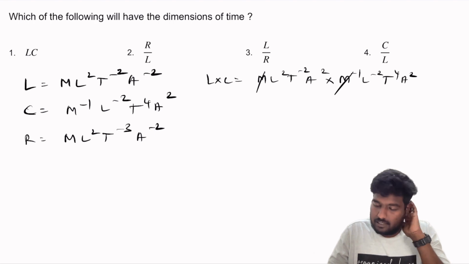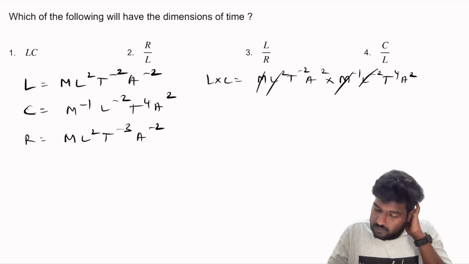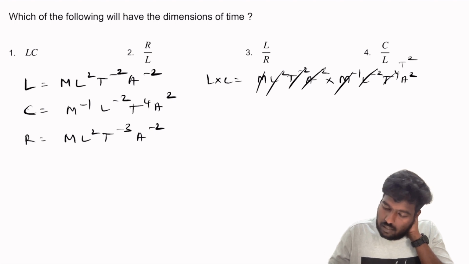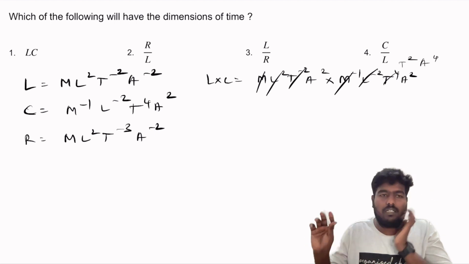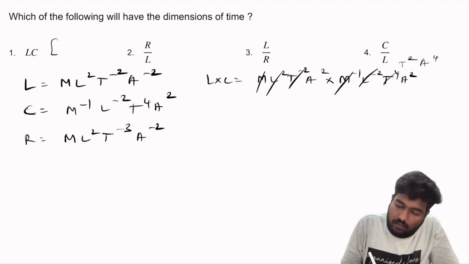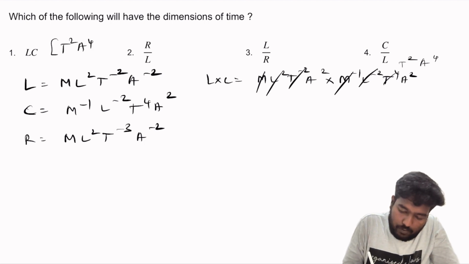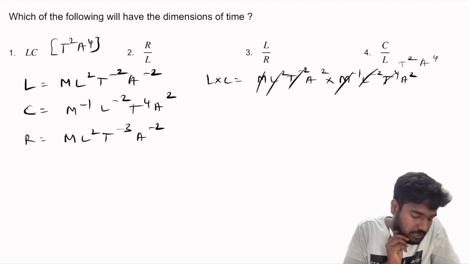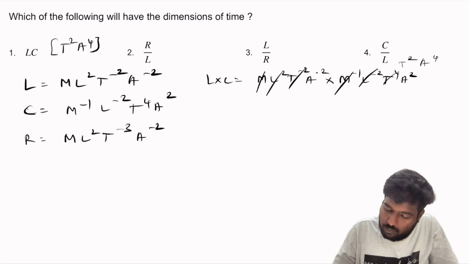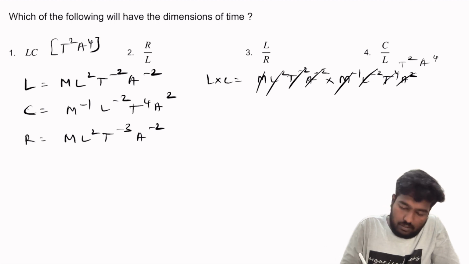L square and L inverse will cancel. So you will get T square. Okay. And A power 4. So that's not a dimension of time. So L and C will have T square and A power 4. No, they should not have A power 4. So this is minus 2. Yeah. So just T square, not T.